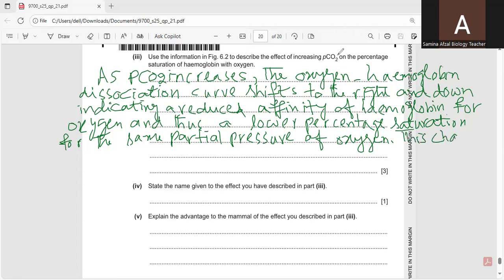This change facilitates the unloading of oxygen in respiring tissues.